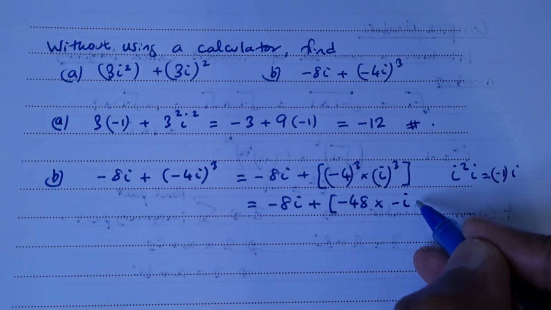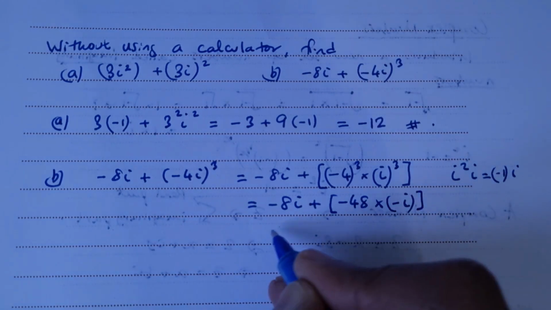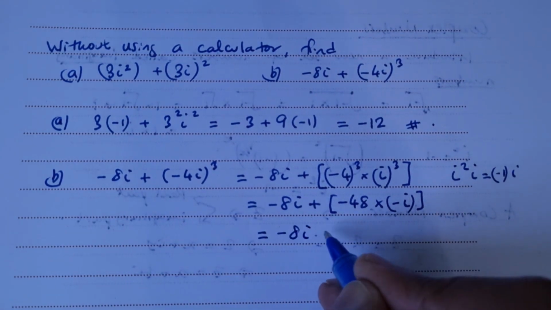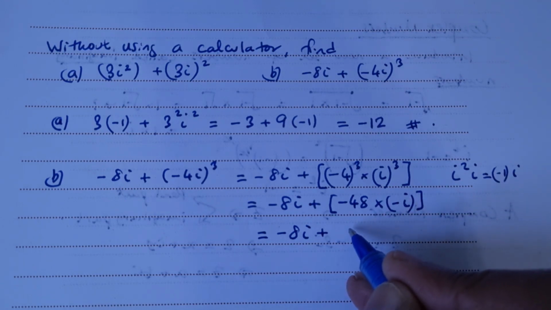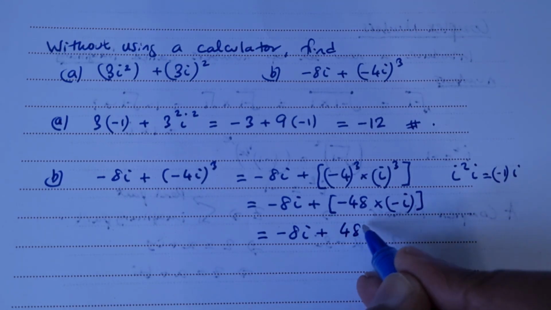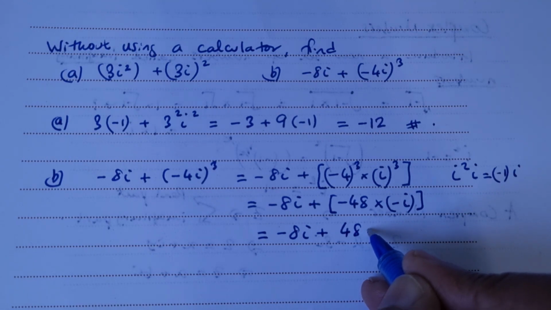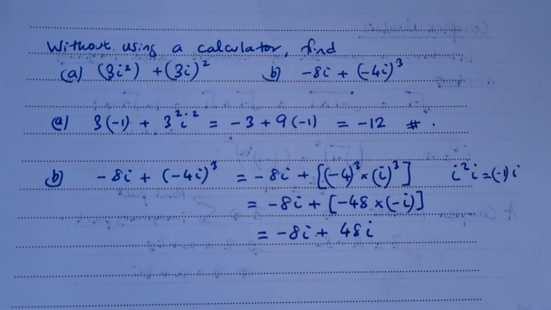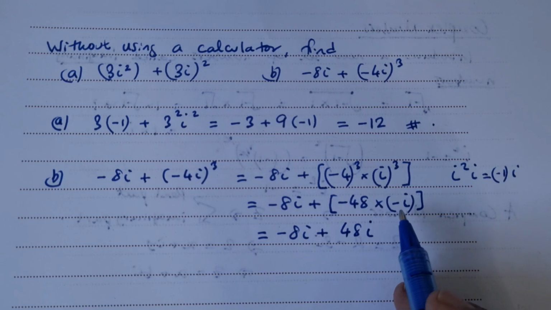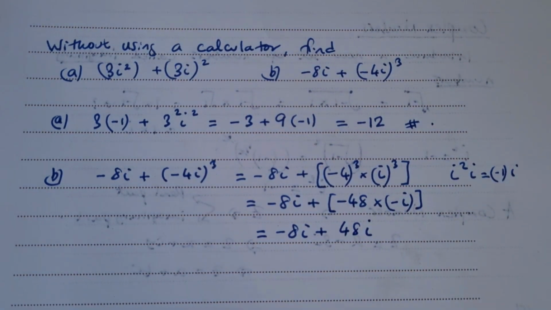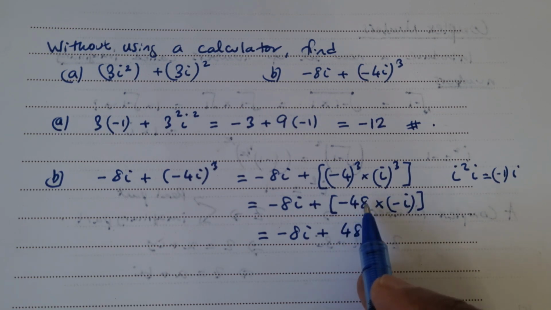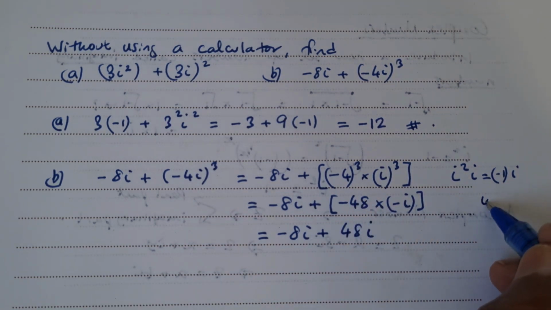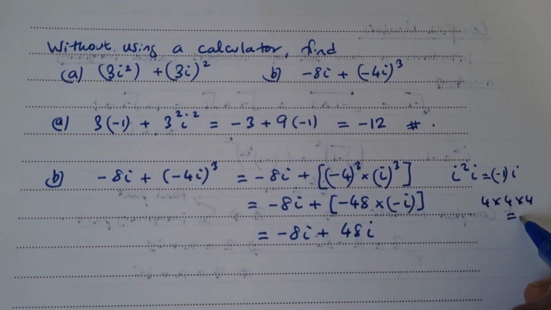Sorry, this was supposed to be 64, because 4 times 4 times 4 is basically 64.